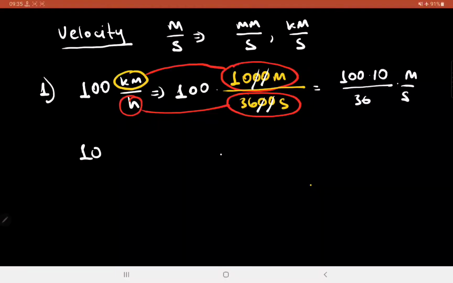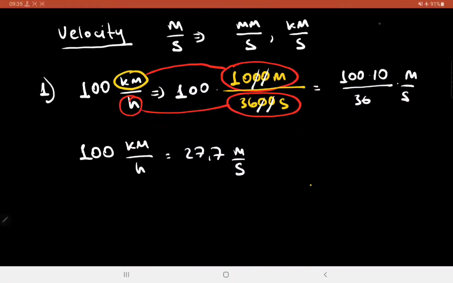So we can say 100 kilometer per hour equals 27.7 meter per second. This is a method to convert from one unit to another unit.